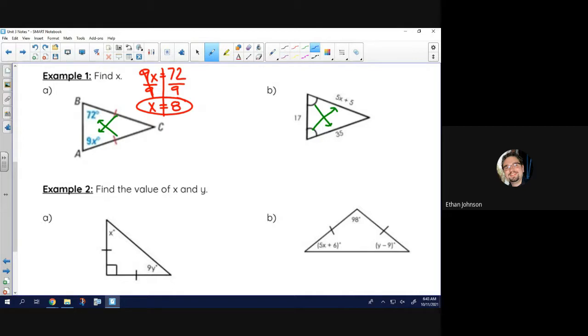So we can write an equation of 5x plus 5 equals 35. I'll subtract 5 from both sides. So 5x equals 30. And divide both sides by 5. X equals 6.